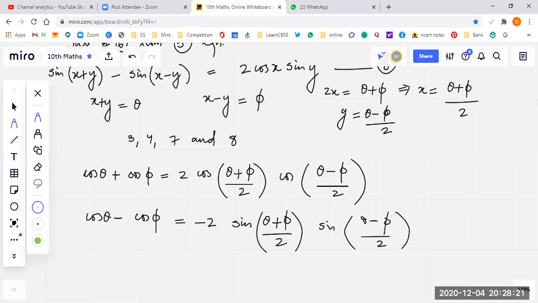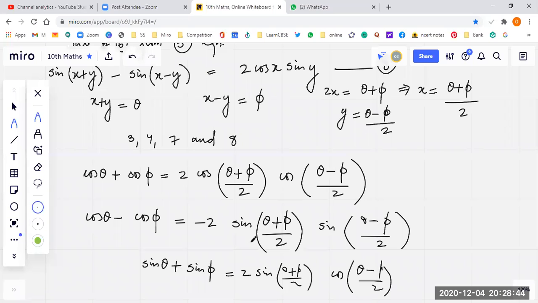So we'll get sine theta plus sine phi is equal to 2 sine theta plus phi by 2 into cos theta minus phi by 2.